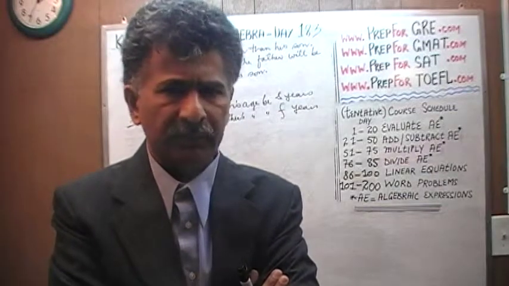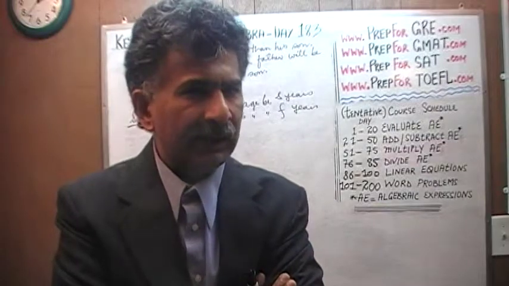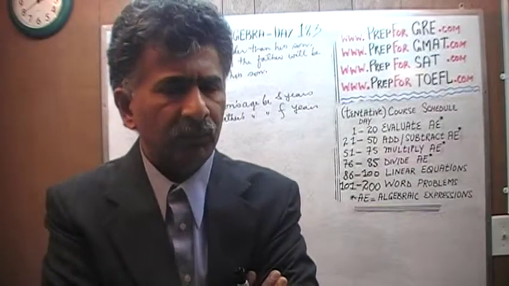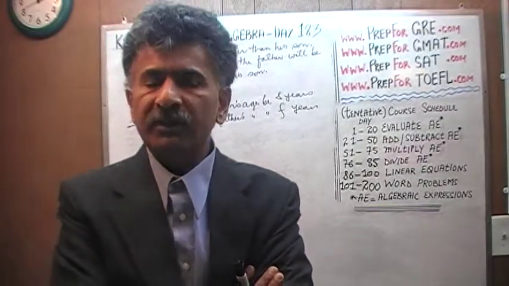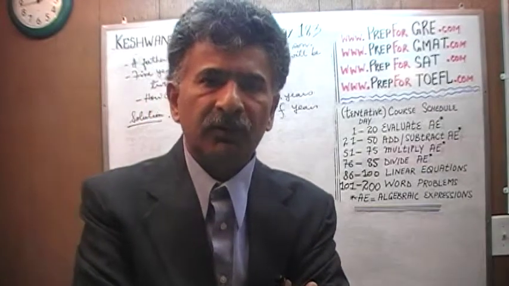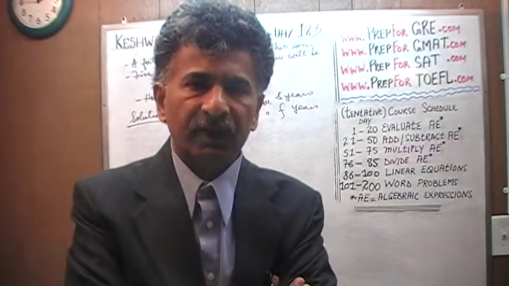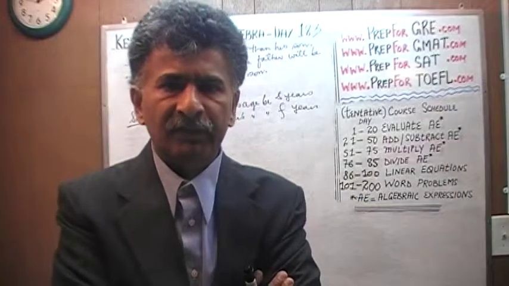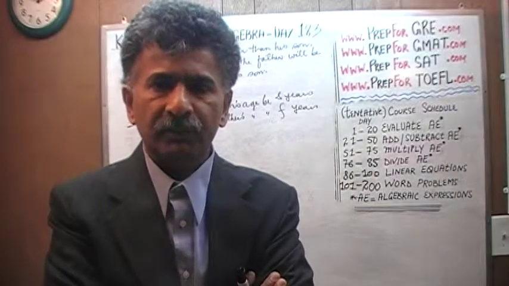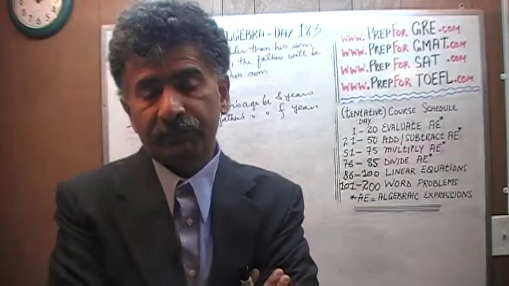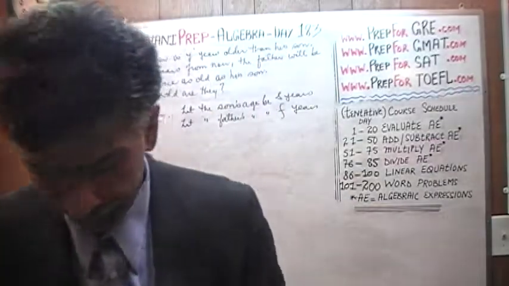Which one did we do first? I don't know. It's confusing. Why should we put ourselves in situations where we have to stop and think, when we can just as easily pick variables which are very easy to remember? F for father, S for son. That's how old they are. Okay? So here we go.